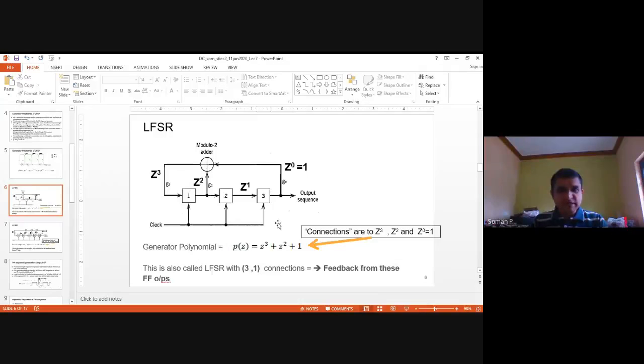That means feedback is from the third flip-flop and the first flip-flop. So this polynomial and this (3, 1) in brackets represent the same thing. And the modulo 2 adder is again XOR.